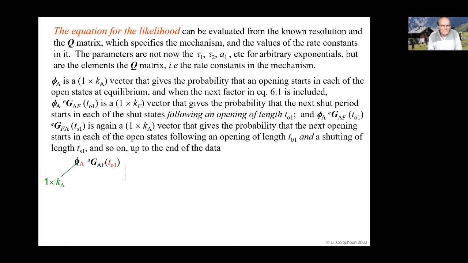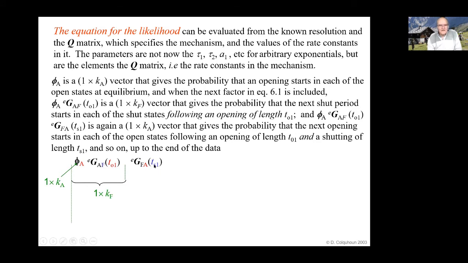The probability that we stay within the open states, the subset of open states, that's the A set, for a time t_o1 and eventually leave for a shut state, that's what the elements of that matrix give. That is a Ka by Kf matrix. So the product of those is a 1 by Kf matrix, and this forms the initial vector for the first shut time.